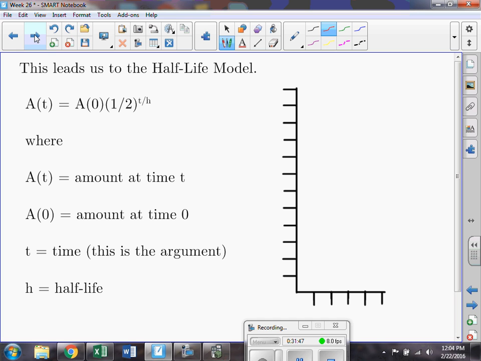Please notice, each one of those pieces we were doing were based on how long it takes for the population to double. Of course, that's why we call it the doubling time model. Very similar to it, we have the half-life model, in which case we're building it not based on doubling with a base of 2.